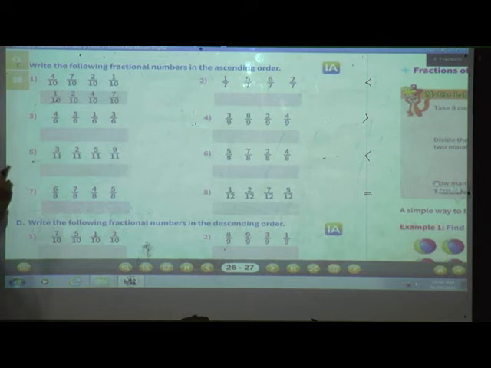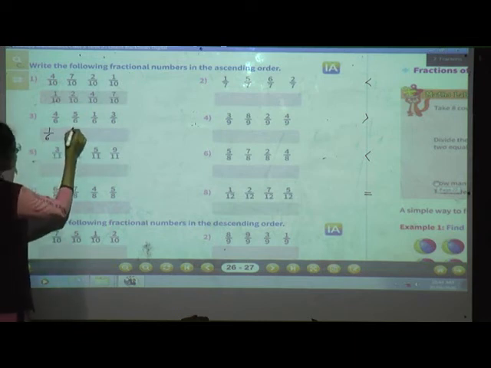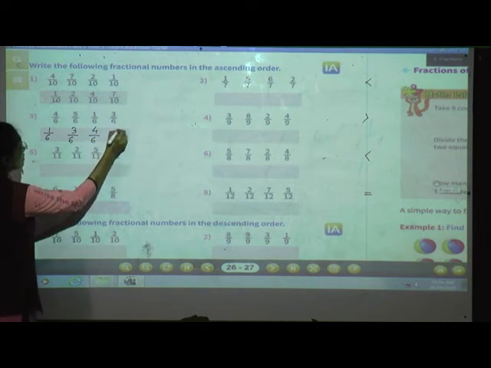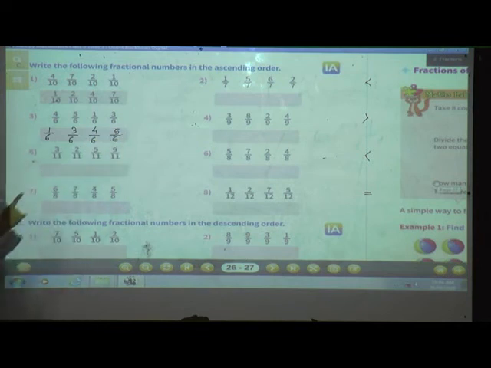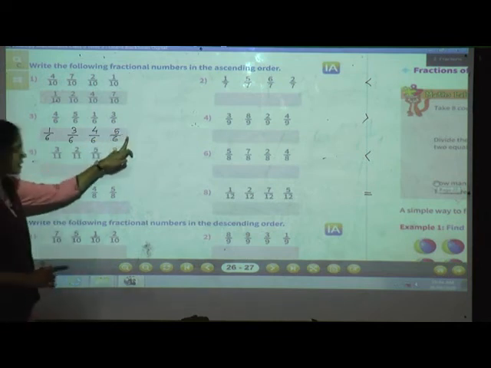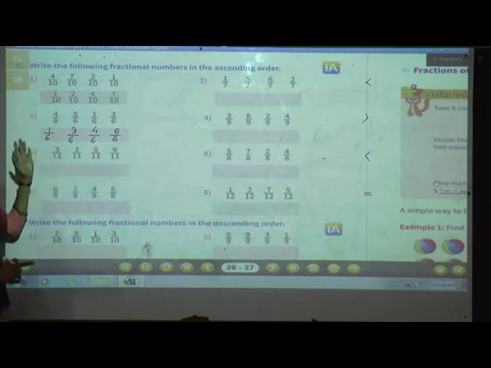Now which one is smaller? 1 by 6 is smaller. So we'll write first 1 by 6, then 3 by 6, then 4 by 6 and at the last 5 by 6. In this way, from smallest to biggest, in ascending order, we can arrange the given fractions.